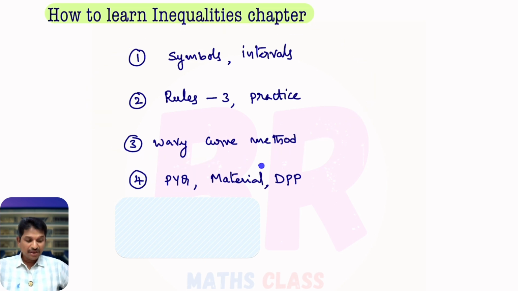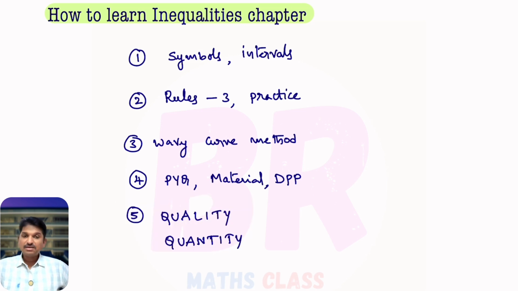After that, whatever material you get from your college or your coaching center, DPPs, whatever they give, you practice, right? That much is enough. Don't make things complicated. Keep it simple, right? Next, quality and quantity. Quality is important. See, how many problems you did is not important.